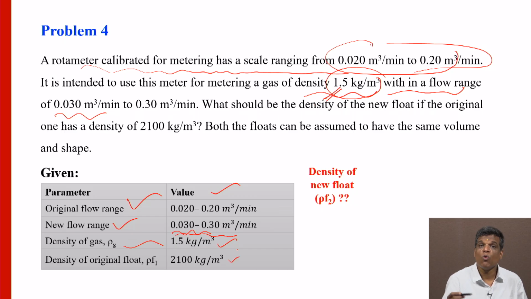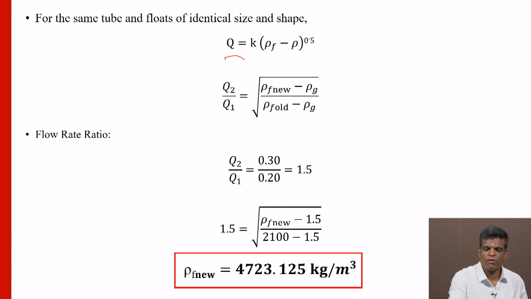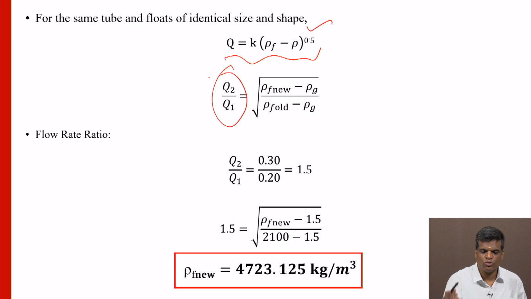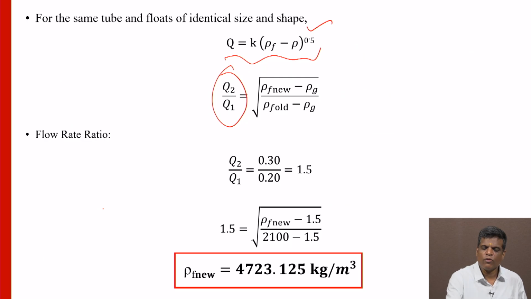Then the density of the original float is 2100 kg per meter cube. But what they are asking is: what should be the density of the new float? We can calculate it here. This is a standard formula: Qf equals K times (rho f by rho) to the power 0.5. Then Q2 by Q1, the ratio of the new flow to the old flow, equals the ratio of rho f by rho g.